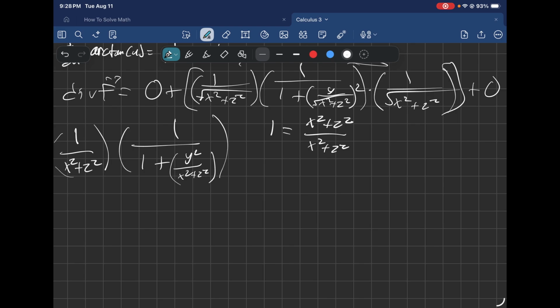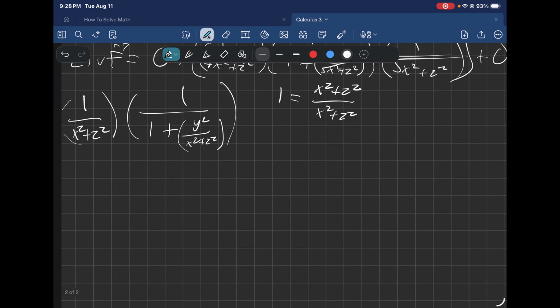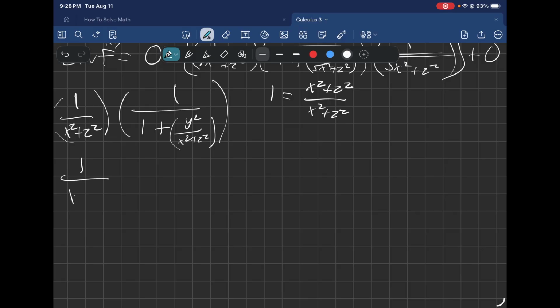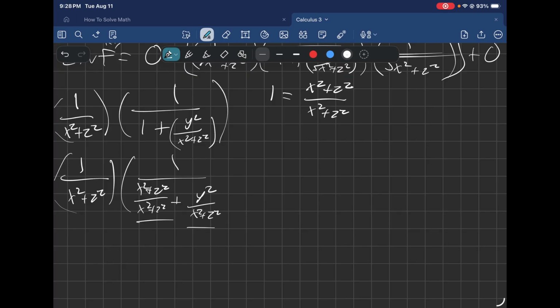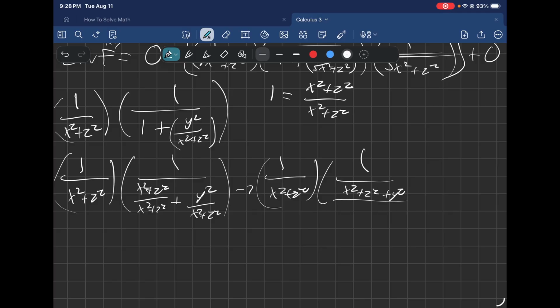So when we add this down here, 1 over x squared plus c squared, x squared plus c squared over x squared plus c squared plus y squared over x squared plus c squared, these just have the exact same denominator, so we can combine those into 1 over x squared plus c squared.